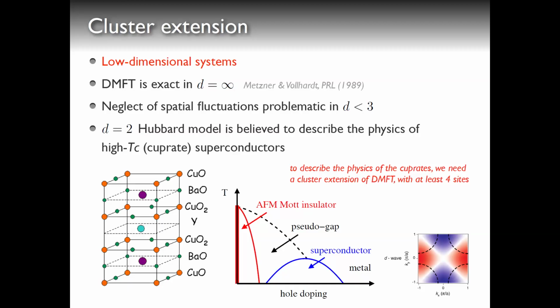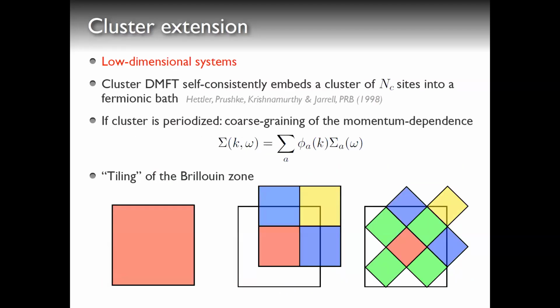So early on, the dynamical mean field theory formalism has been extended to a cluster dynamical mean field theory. For example, if we want to study phenomena such as the pseudogap, which has to do with antiferromagnetic short-range correlations, or also if we want to describe a d-wave order parameter, we need at least 4 sites, and so we can extend then the impurity model into a cluster impurity model in order to capture this kind of physics.